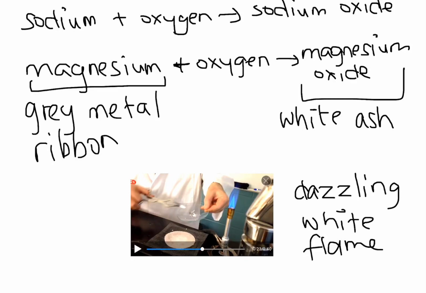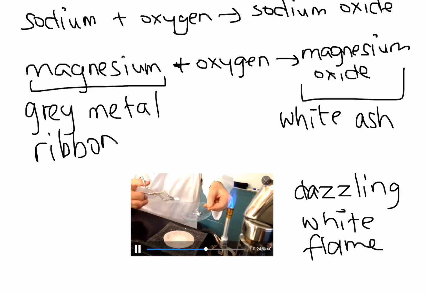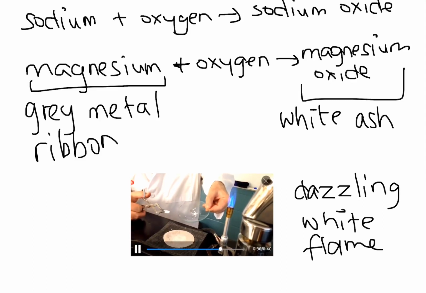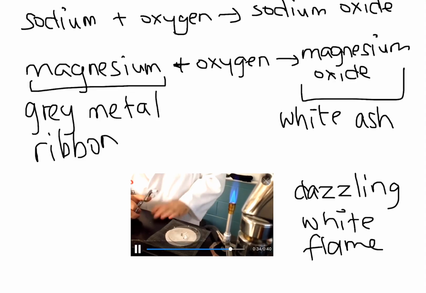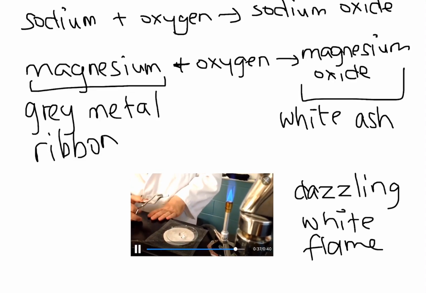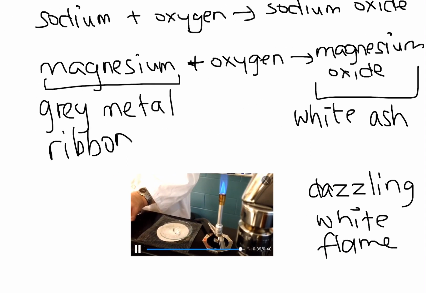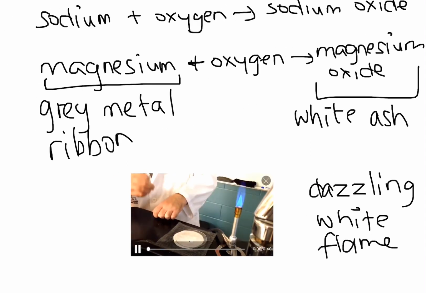Okay, so the metal ribbon is hard, and the white ash is going to crack and fall. Okay, so he's holding a watch glass. That glass equipment is called a watch glass, and it is placed on a wire gauze. Okay, so that's the burning of metals.